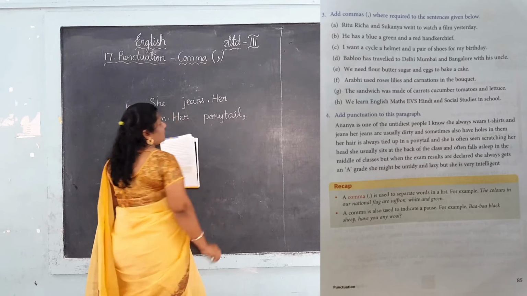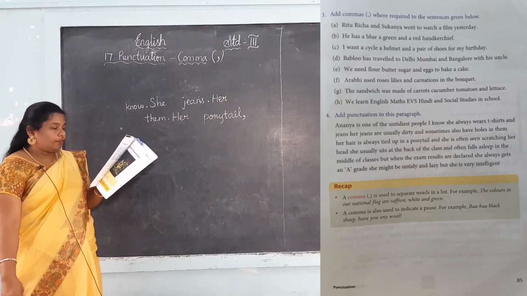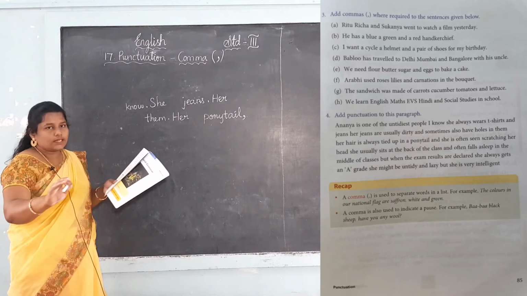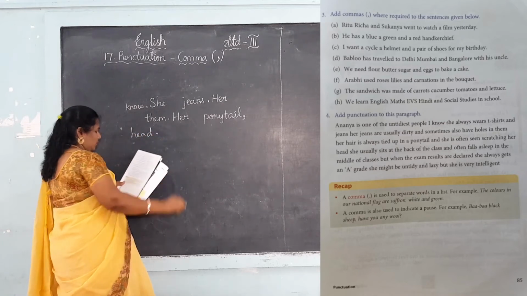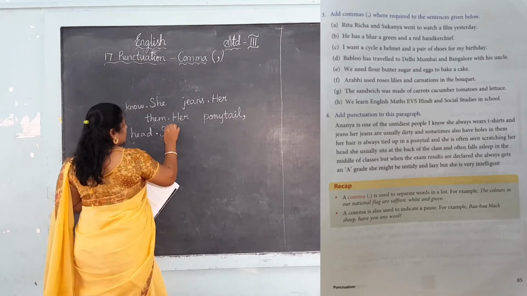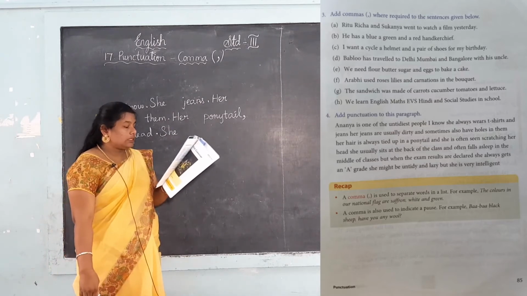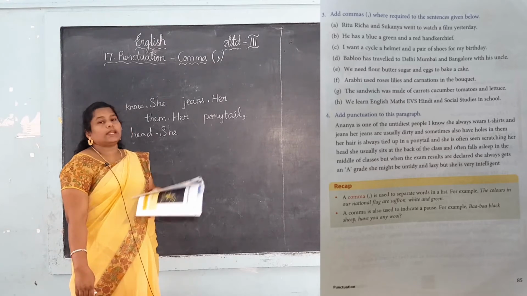If there is a pause, we want to use comma. And she is often seen scratching her head. See, one sentence is over. After the head, one sentence is over. So, you want to put full stop. Then beginning of the sentence, we want to use capital letter. She usually sits at the back of the class and often falls asleep in the middle of the classes.